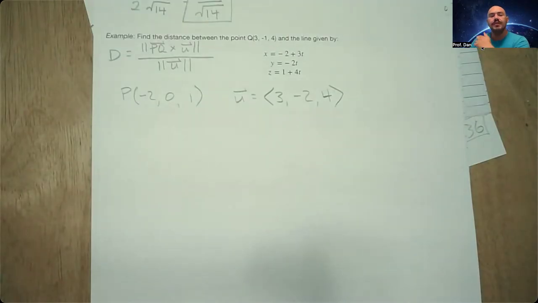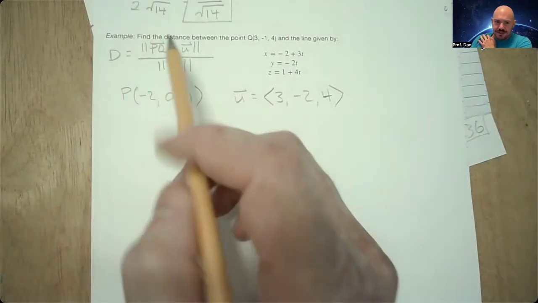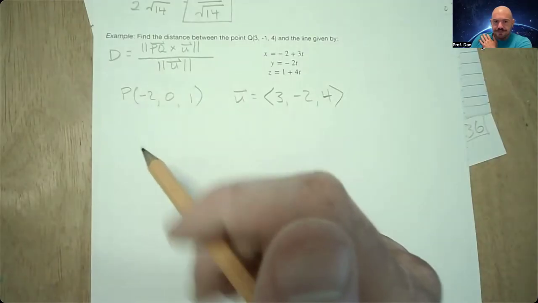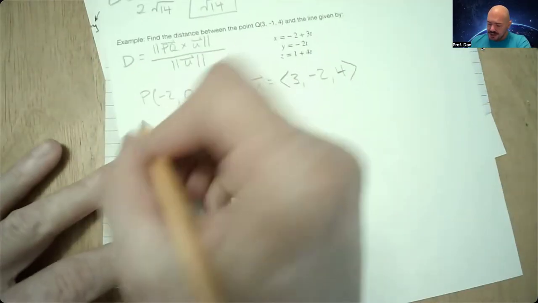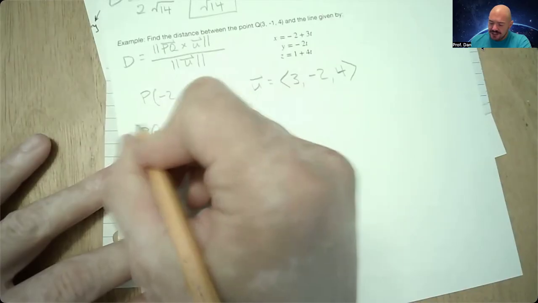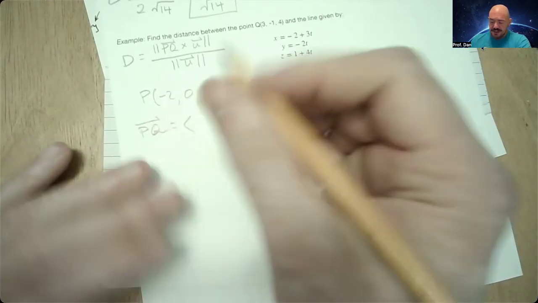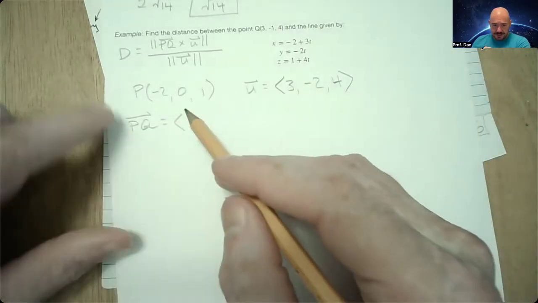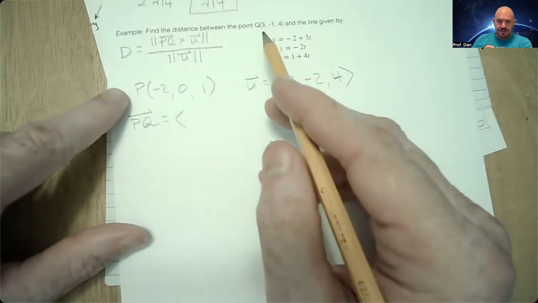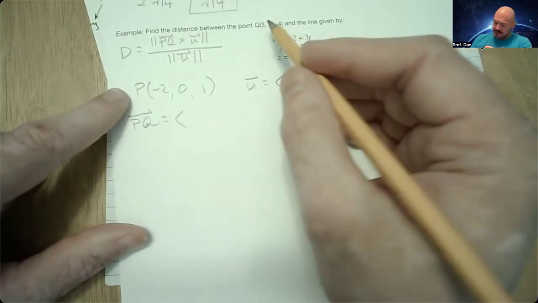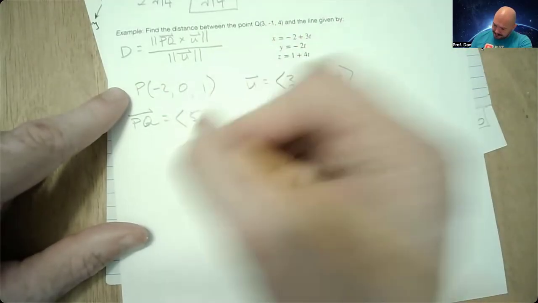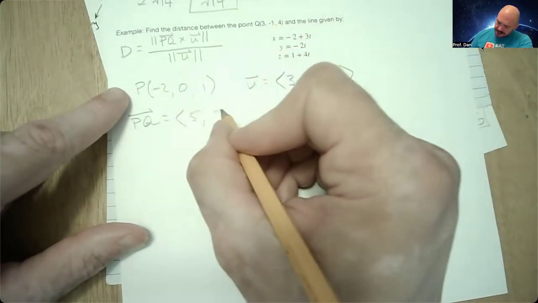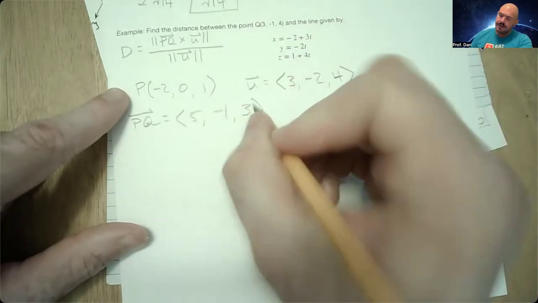So now we have all of the things that we need to be able to carry out this computation. Well, almost. So we have P. Now we can get PQ just in a similar way that we did before. All right, so we can use P as the initial, Q as the terminal. So we get 3 minus -2, 5, -1 minus 0, -1, and 4 minus 1, 3.